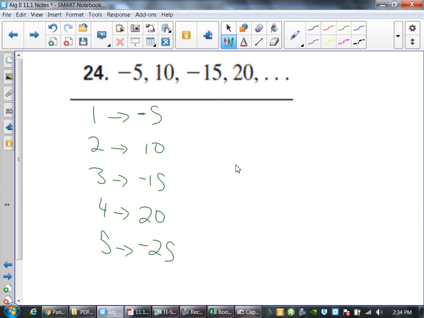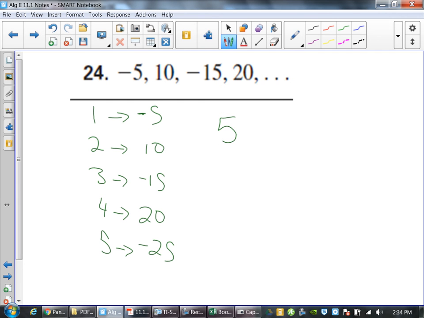If you're going to use exponents, wouldn't it be 5 times -1 to the n? You see how that works? Because negative 1 to the first power is negative 1. Negative 1 squared is positive 1.